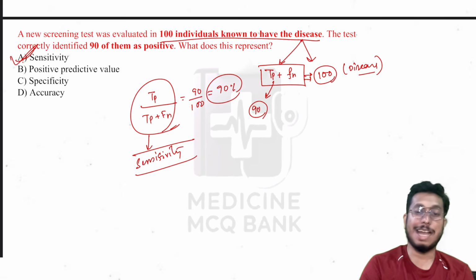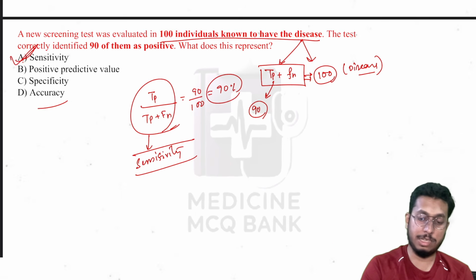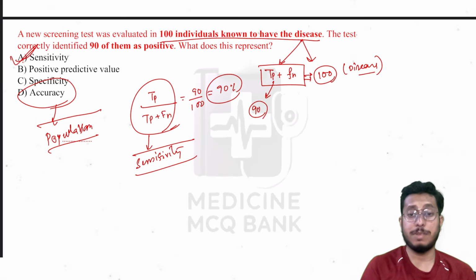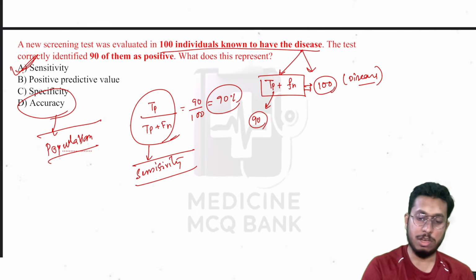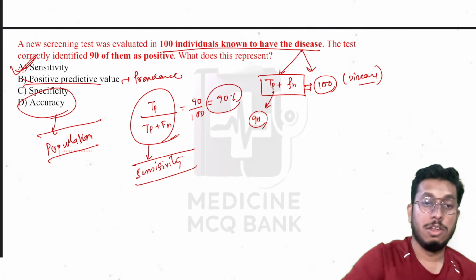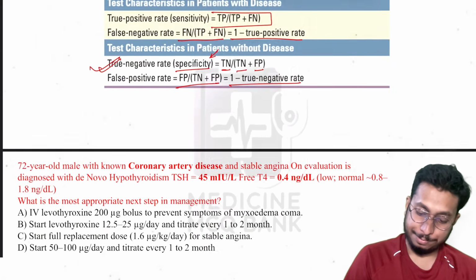Accuracy is about overall correctness, so it is not specific to the disease group, it is about the population as a whole. Positive predictive value is the probability that a positive test truly has disease. It depends on prevalence. All right.